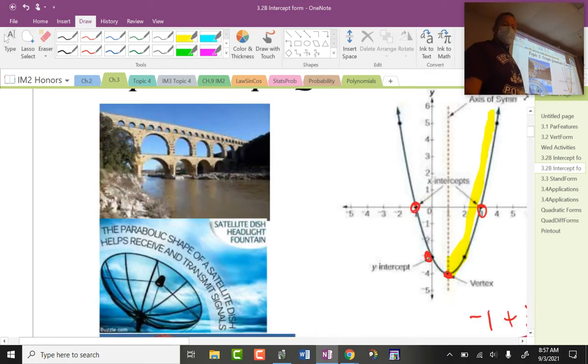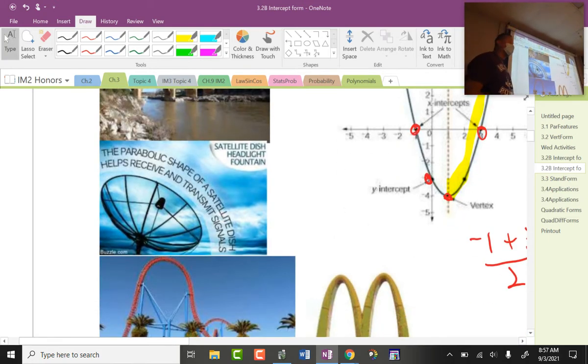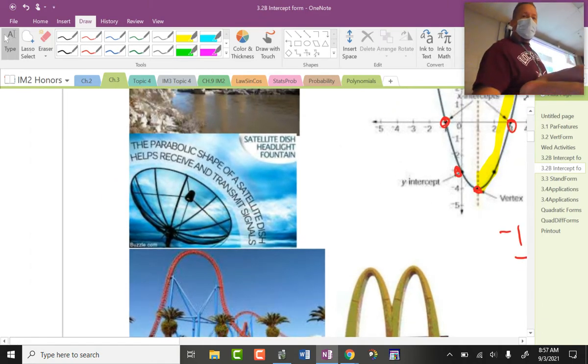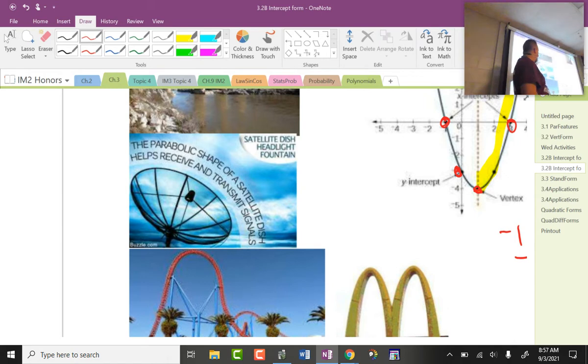And then, how many people have seen a dish before? Anyone? Well, I used to have a dish, but then I moved on, but we used to have a Dish Network, and this is called a paraboloid, a three-dimensional parabola. Oh, I should show you a thing about a Hubble Telescope. Anyone ever hear of Hubble Telescope? It was a national disaster when that first went up in space.